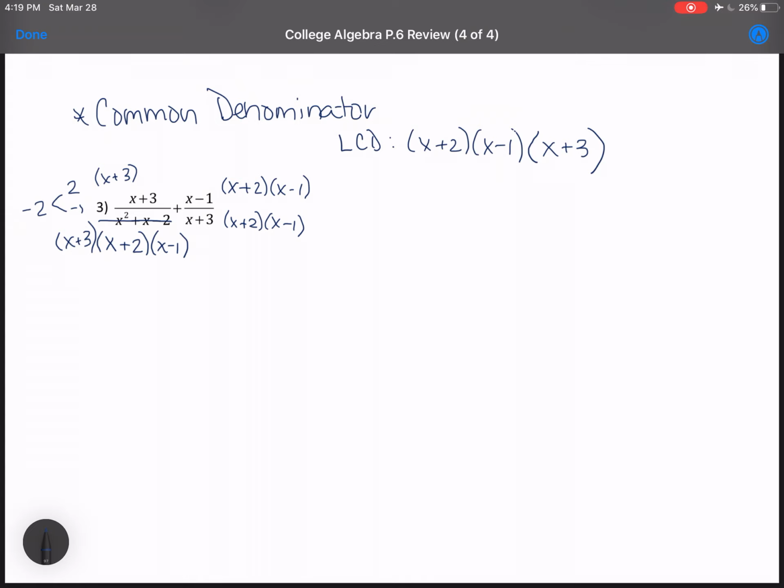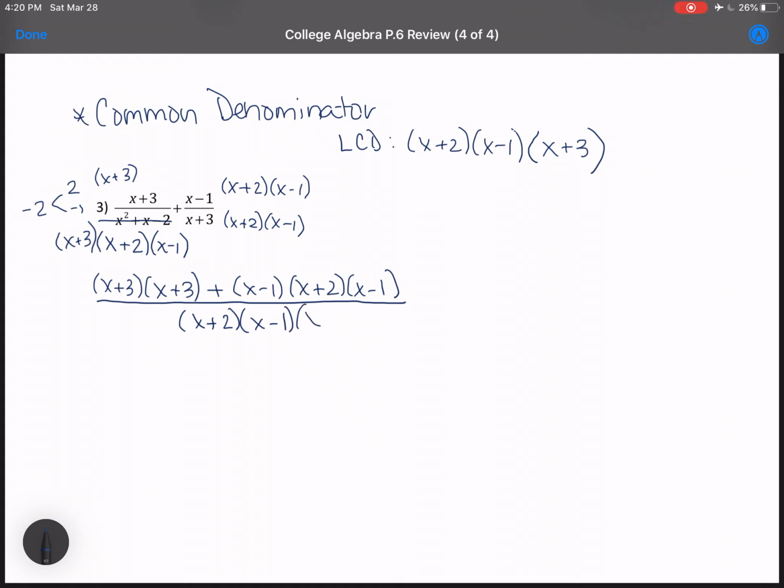Okay, so if we rewrite this, we now have x plus 3 times x plus 3 plus x minus 1 times x plus 2 times x minus 1 all over that least common denominator, x plus 2, x minus 1, and x plus 3.